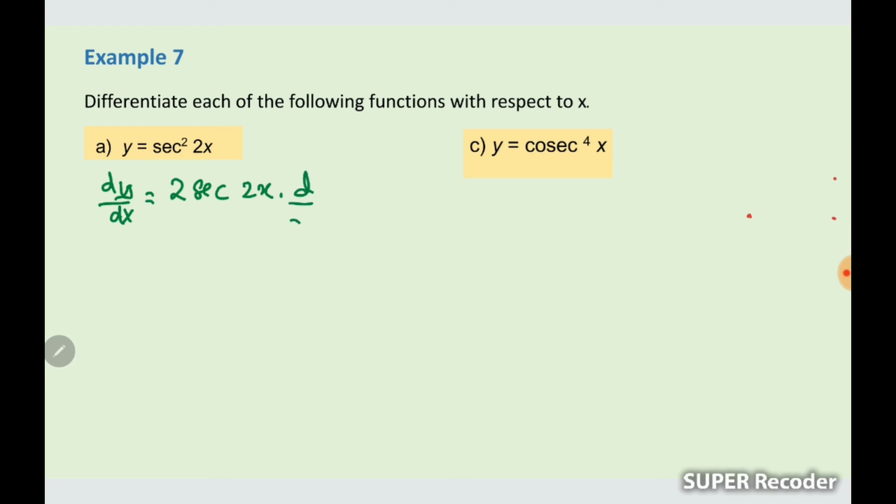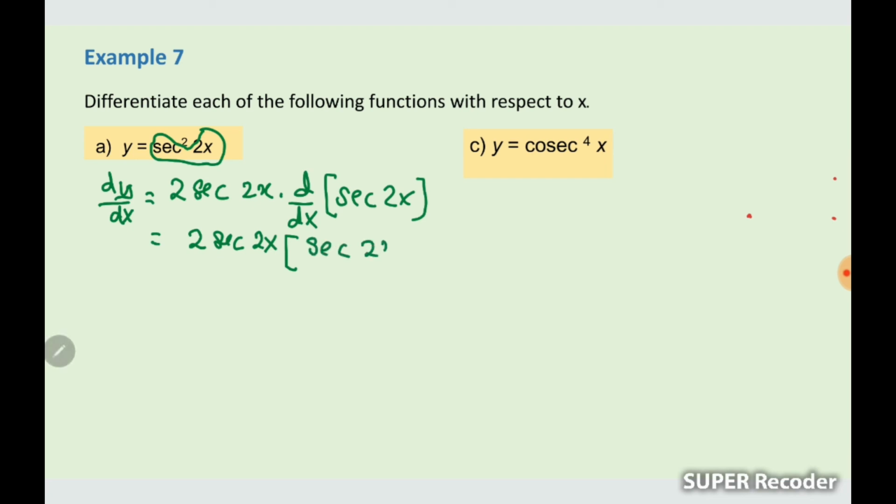Then you have to differentiate secant 2x, without the 2, secant 2x only. Differentiate secant, the answer is secant x tangent x, right? So now the answer is 2 secant 2x tangent 2x.